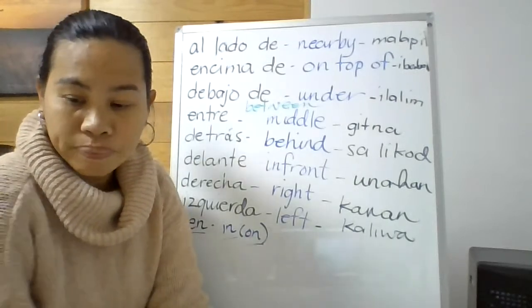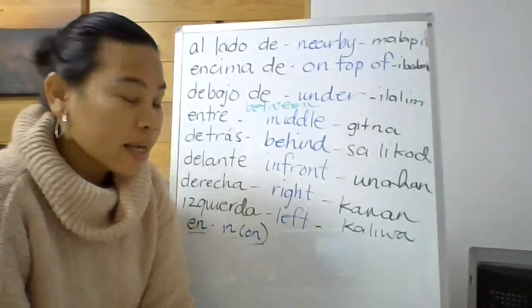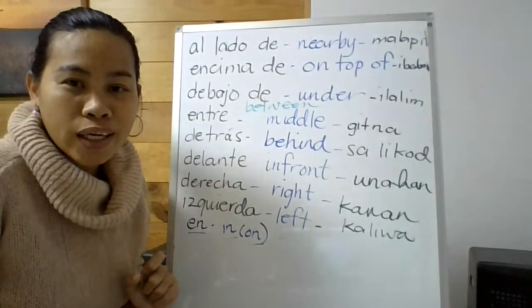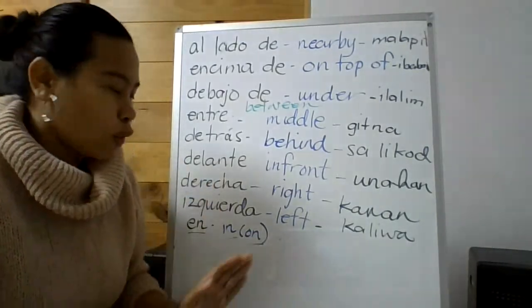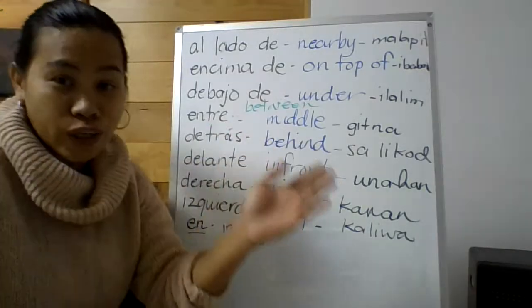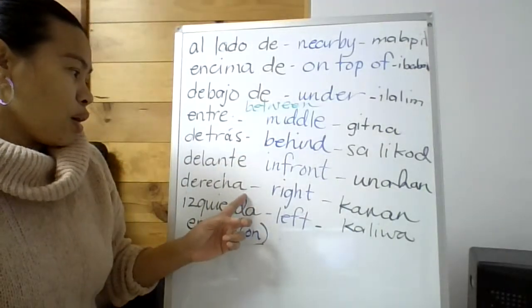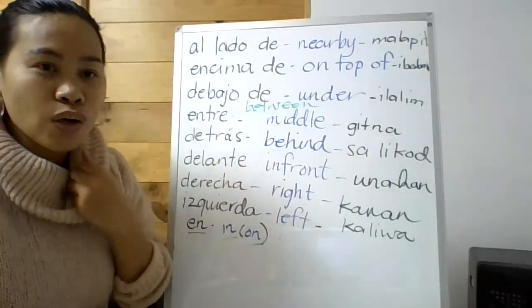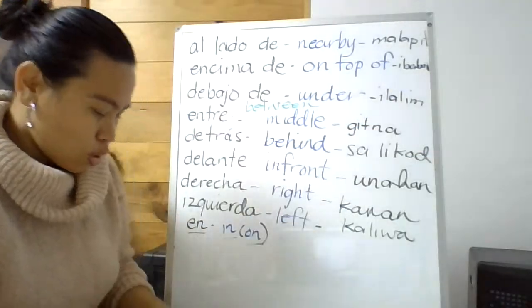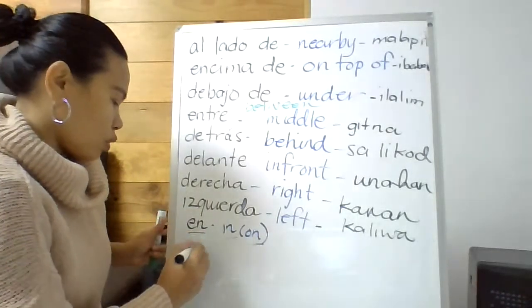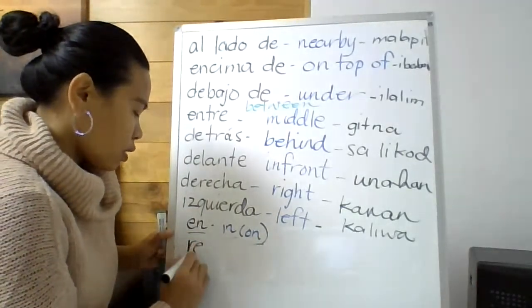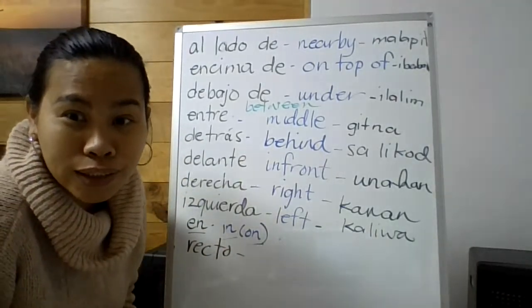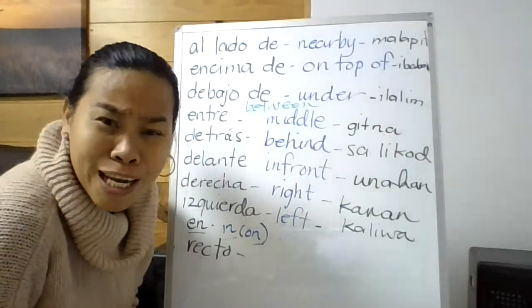So, next, derecha. Okay? Like on your right, left, izquierda on your left. So, a la derecha, a la izquierda. See, it's going straight, recto. Todo recto. In the Philippines, Recto is one place in Manila, right?